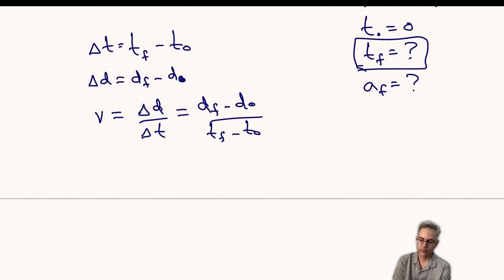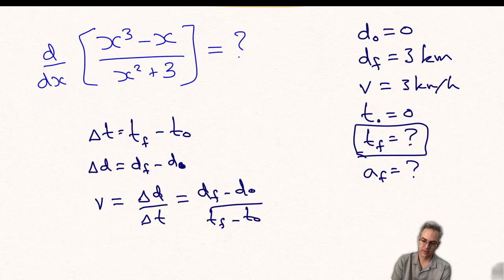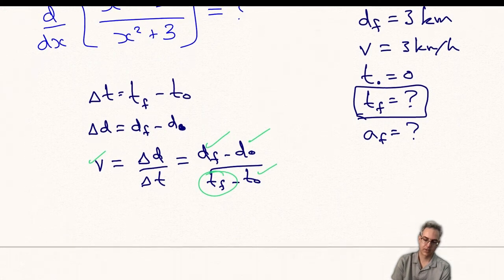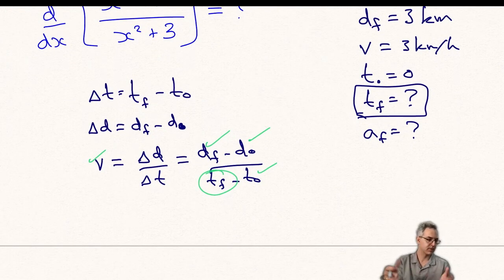And since I know, then I look, do I know any of these? And I would, in my head, go, well, I know V, I know final distance, I know initial distance, I know initial time, and I'm asked to find final time. I have all the pieces in my equations, and I can solve for this. So yes, this is the equation I should use. Then I go put in the numbers and solve.